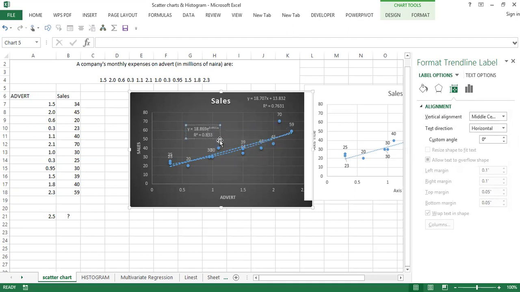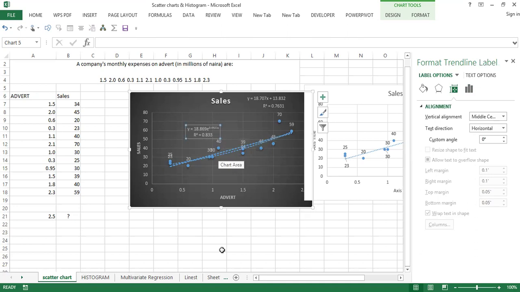Can you see this one? Yes, sir. But here the R squared is higher compared to the linear. So if we use exponential, you can see the equation. What's the equation here?